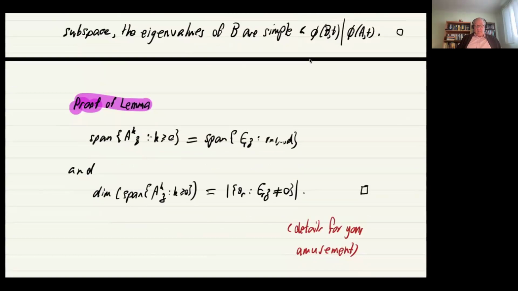So we're looking at this subspace. The first thing to notice is, although this is spanned by infinitely many vectors, it's also spanned by the projections of Z onto the eigenspaces. So this is a finite dimensional subspace, with dimension equal to the size of the eigenvalue support, the number of eigenvalues theta_R such that E_R Z is not equal to 0.